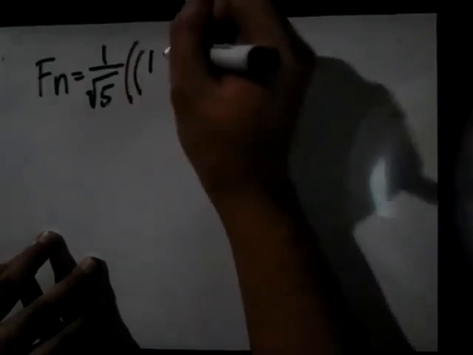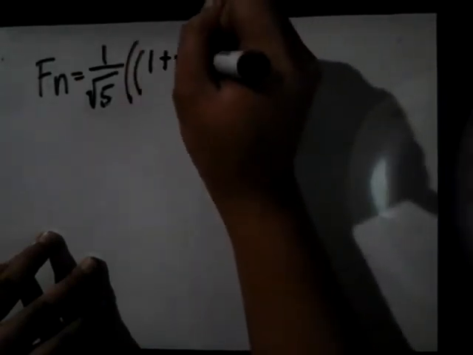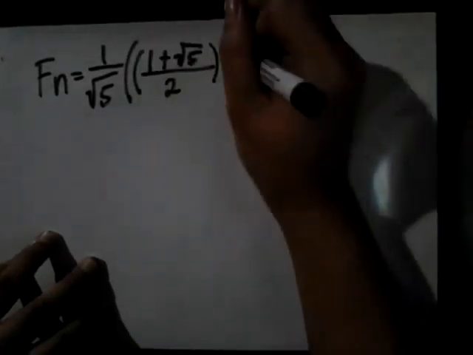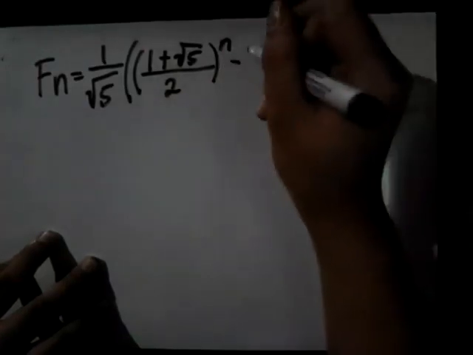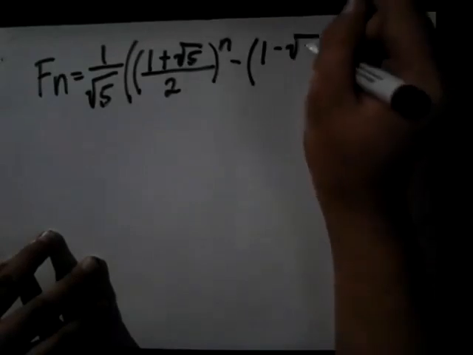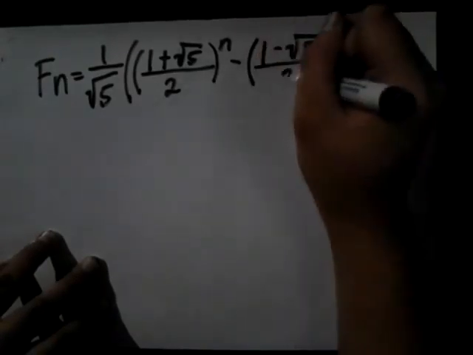The formula of Binet is f of n is equal to 1 divided by square root of 5 times the quantity of 1 plus square root of 5 over 2 raised to n, minus the quantity of 1 minus the square root of 5 over 2 raised to n.